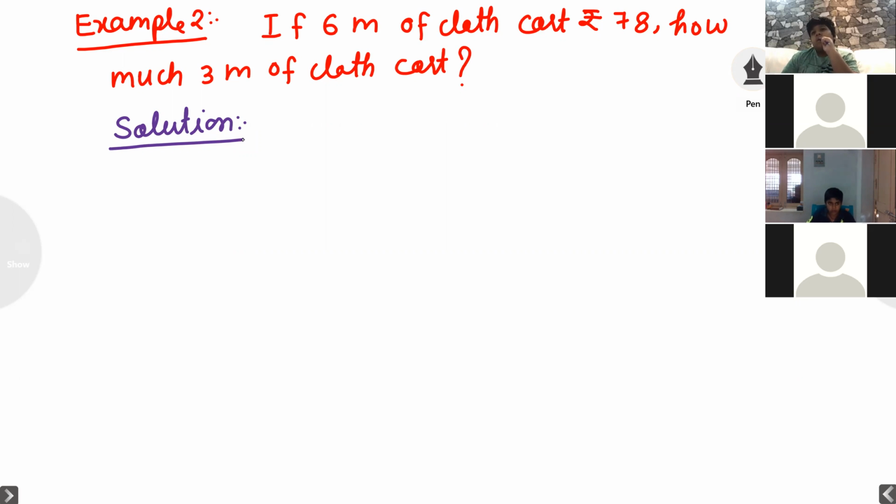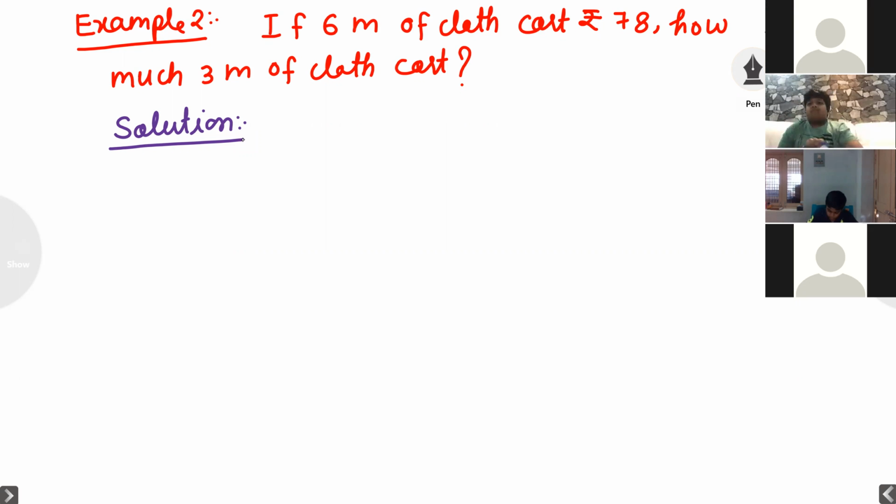Tell me, 6 meter 78, 3 meter. Now cloth is increasing or decreasing? Decreasing. If cloth is decreasing, will the price increase or decrease? Price will also decrease. If one quantity is decreasing, the other quantity also will decrease by the same rate, that is called direct proportion. We want to write two things here.